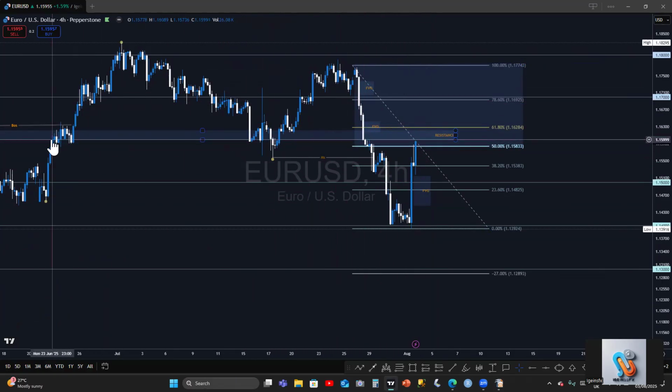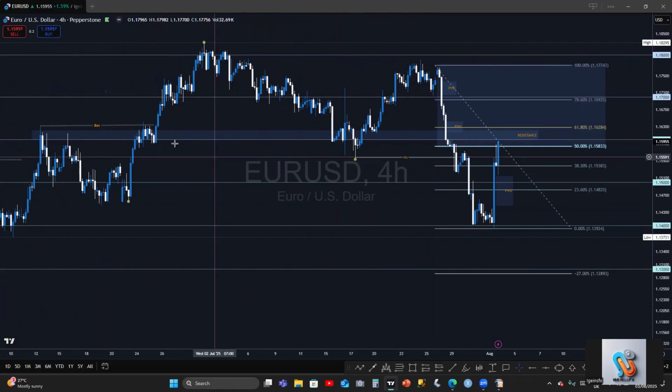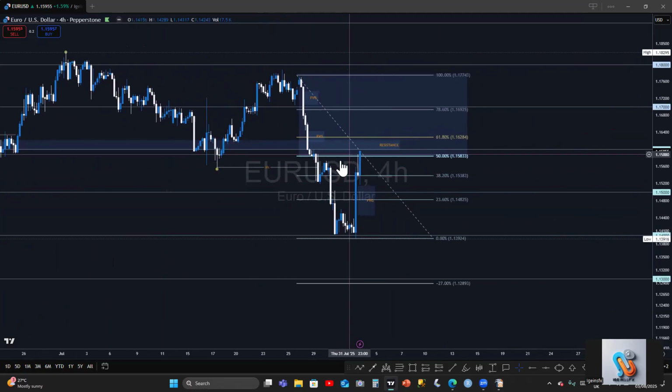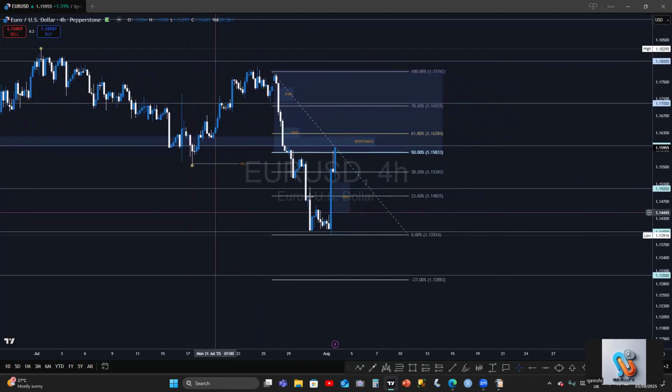And apart from that, we have also identified this level of resistance where price will have to fight to break if it's going to come and interact with this FVG here.